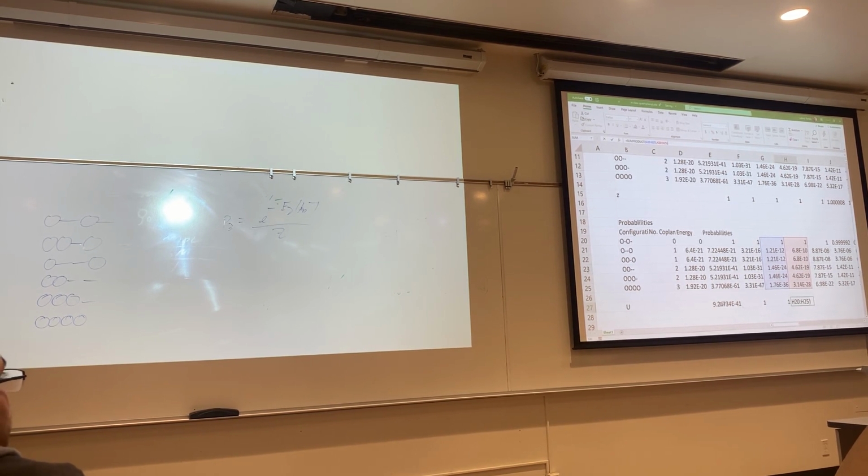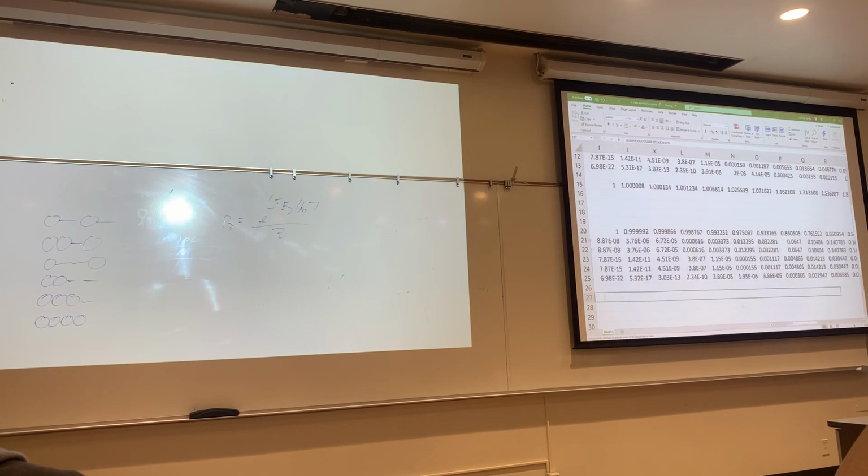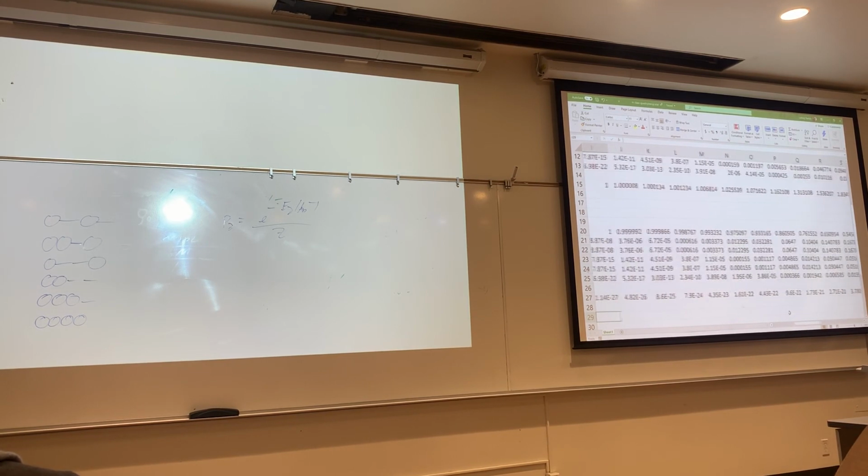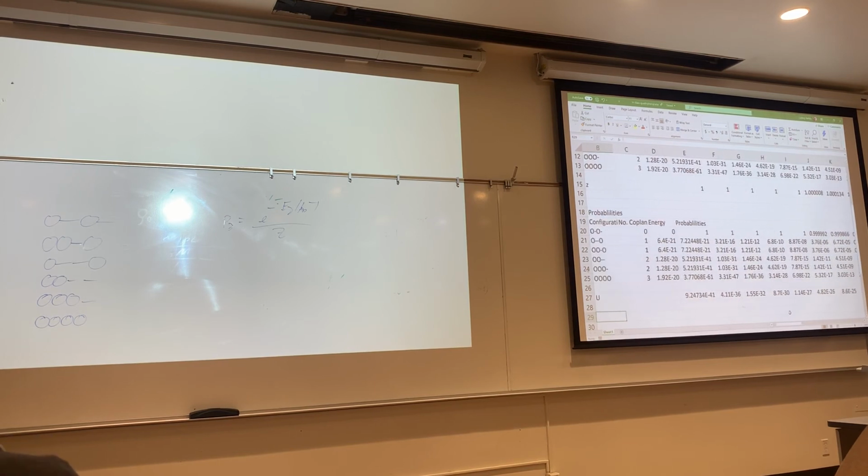So in order to keep my energy reference always to column D, what I need to do in this formula is protect my D's. So I protect my D's. And now I can calculate what's the energy of each of the molecule at each of those temperatures.